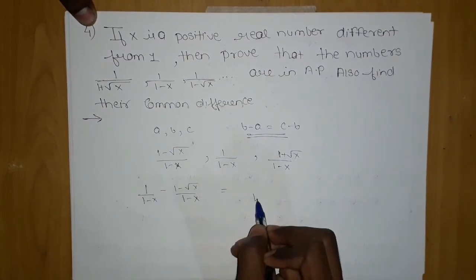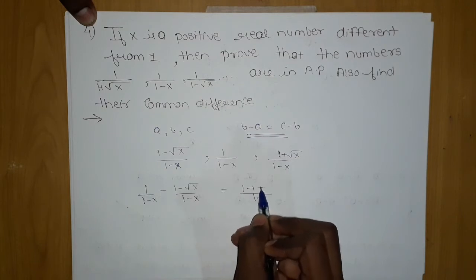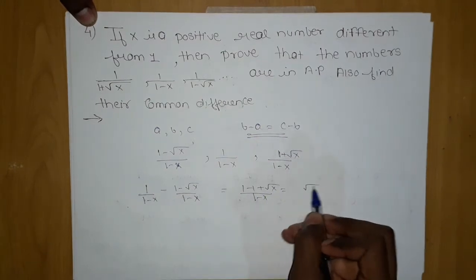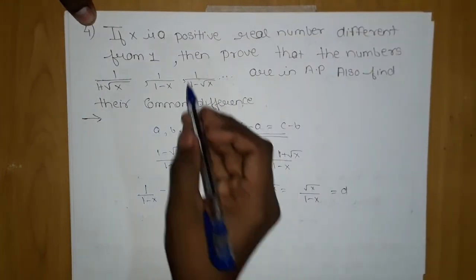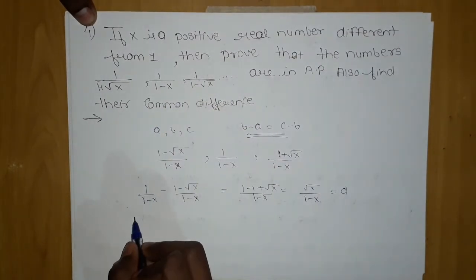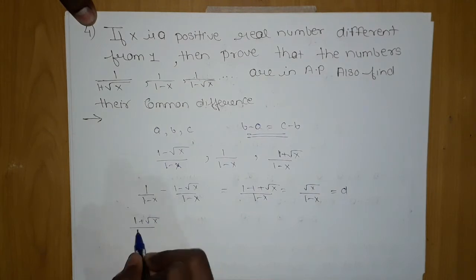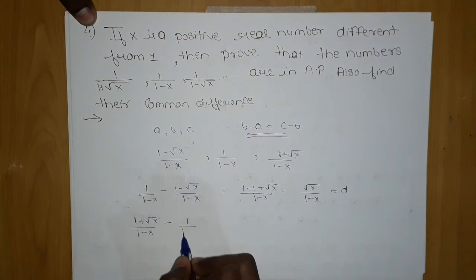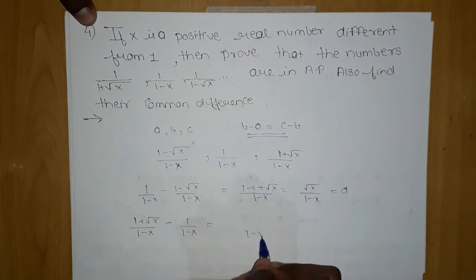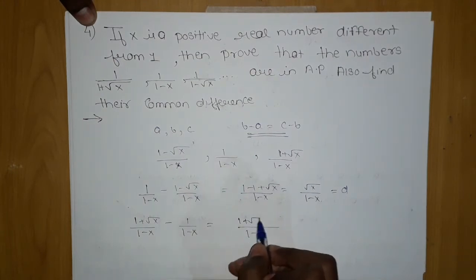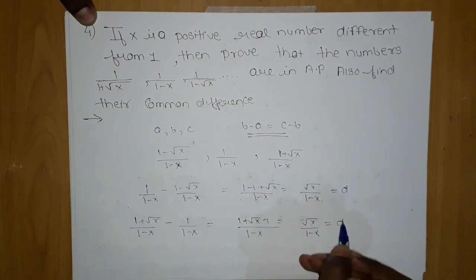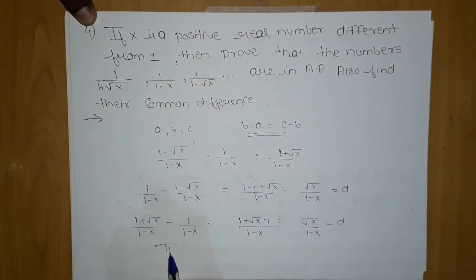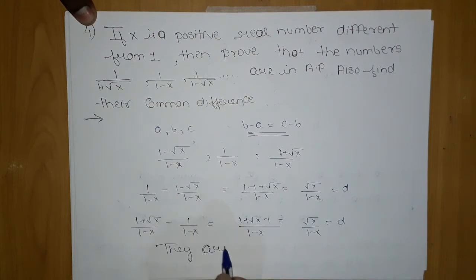This is also D. If this D is equal to this D, which is 1 upon 1 minus x minus 1 upon 1 minus under root x, again the denominators are the same and I get under root x upon 1 minus x. So if the D's are the same, then it implies they are in AP.